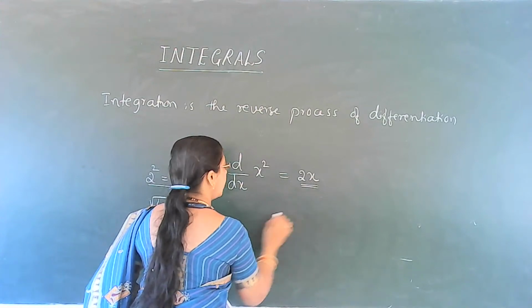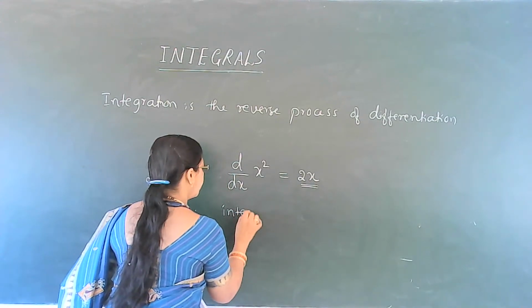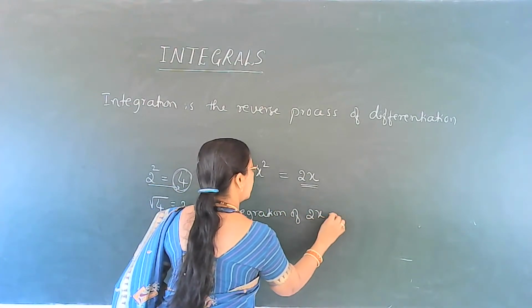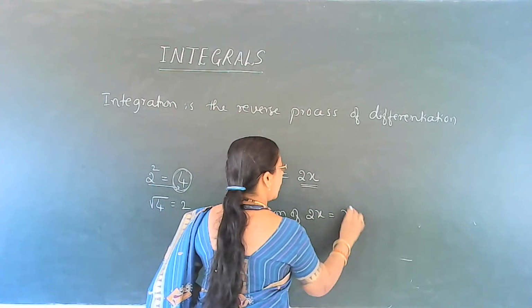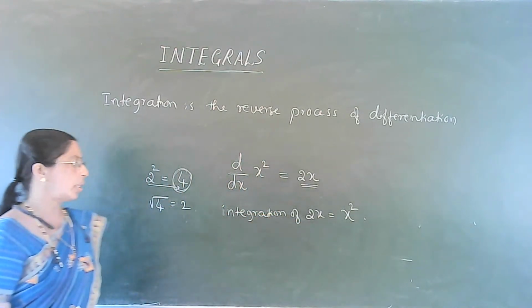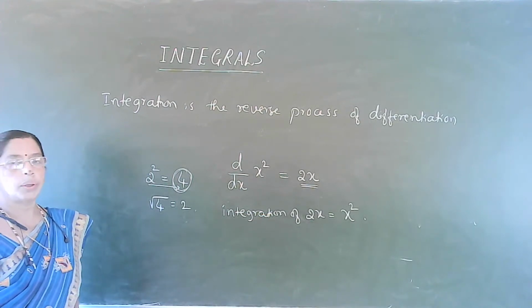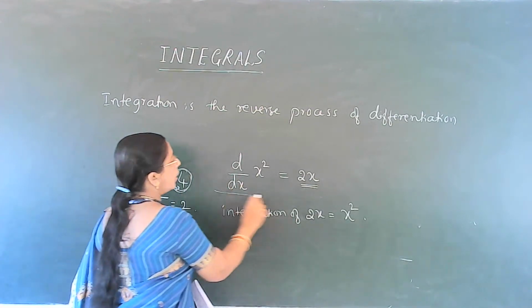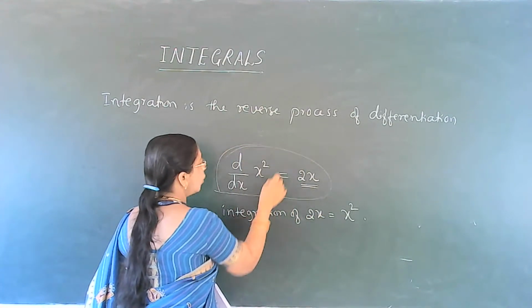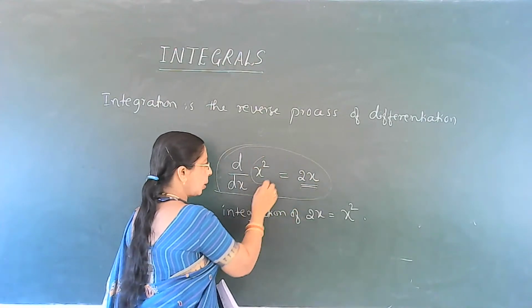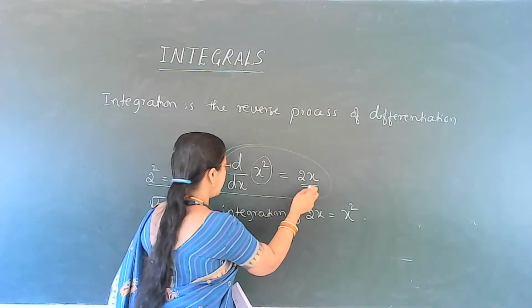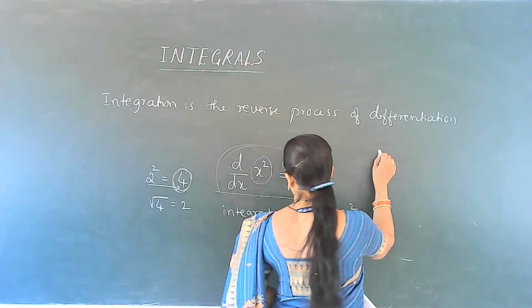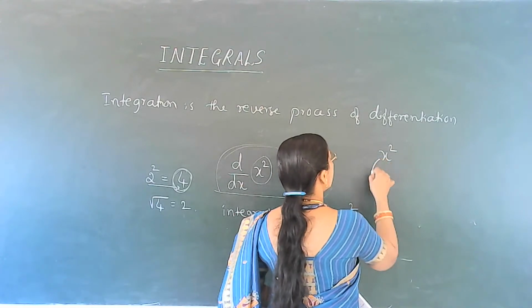The integration of 2x is equal to x square. We know the derivative of x square is 2x. Then the integration of 2x is x square.